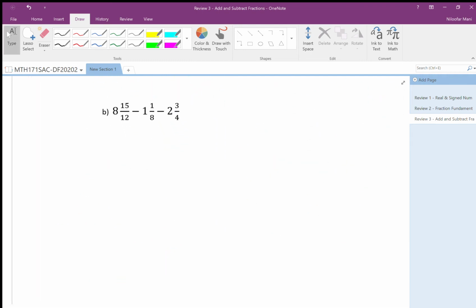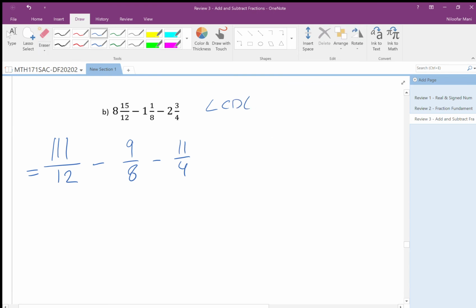Okay, how about here? So 8 times 12 plus 15, it's this, minus 9 over 8 minus 11 over 4. Least common denominator between 12 and this is, I use this one and this one, which is 24.